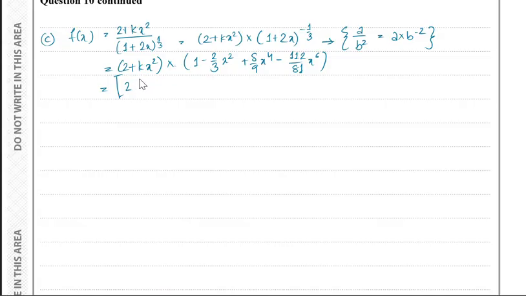Then 2 multiplied by minus 2 by 3 would be minus 4 by 3 x squared, and 2 multiplied by 8 by 9 would be plus 16 by 9 x to the power 4, and 2 multiplied by minus 112 by 81 would be minus 224 by 81 x to the power 6.